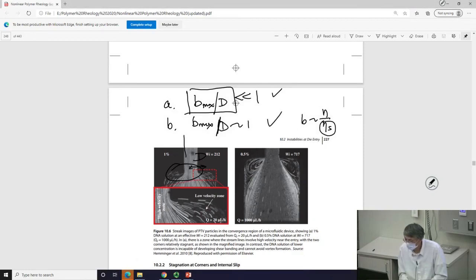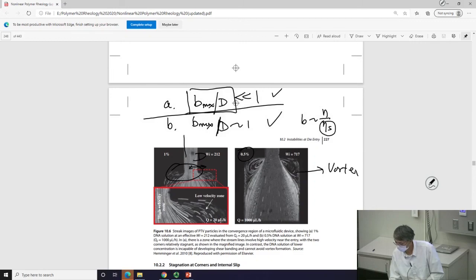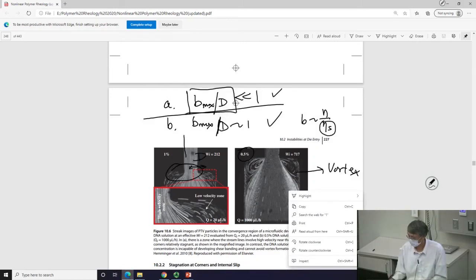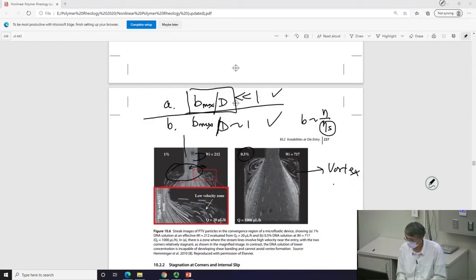And of course you can adjust concentration as well. One was able to show that when this is the condition, you have vortices. Why? You predict that? It's because in that case, there will not be a shear plane, shear banding.